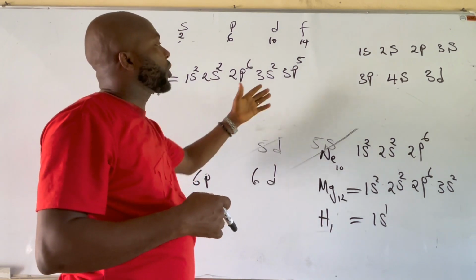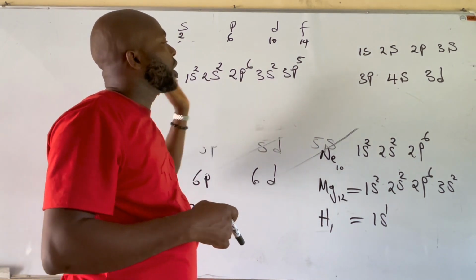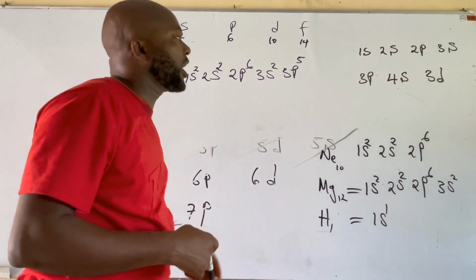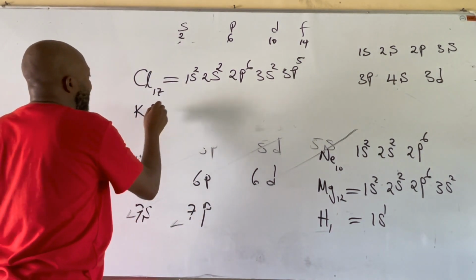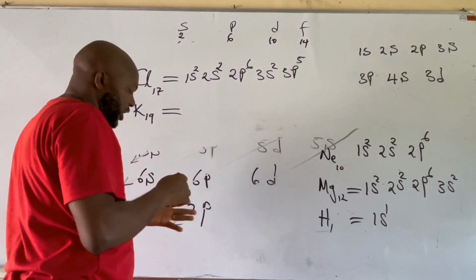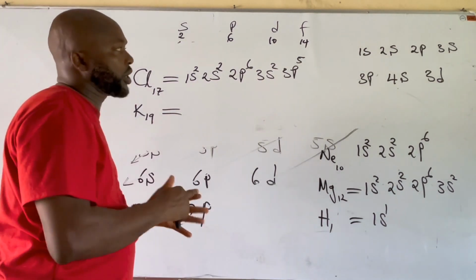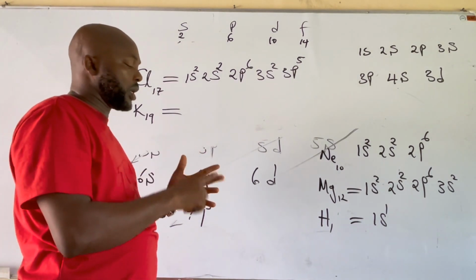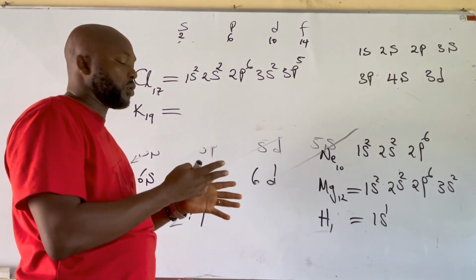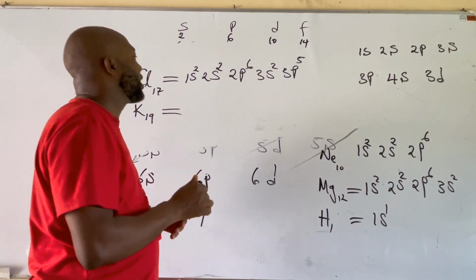And as such, we can also move down to calcium or potassium. Let's take potassium, for example. Potassium is 19. Hydrogen, helium, lithium, beryllium, boron, carbon, nitrogen, oxygen, fluorine, neon, sodium, magnesium, aluminum, silicon, phosphorus, sulfur, chlorine, argon, potassium being 19.